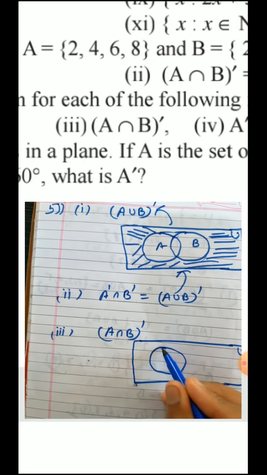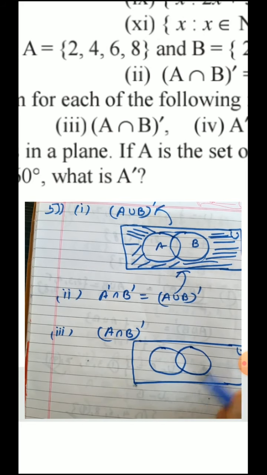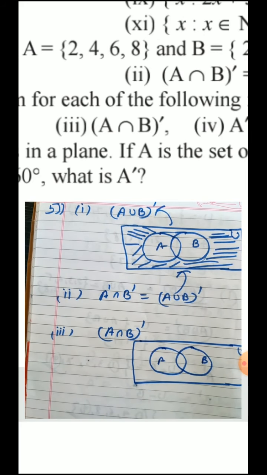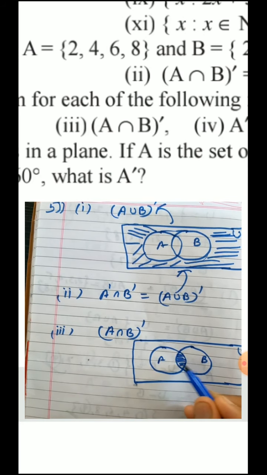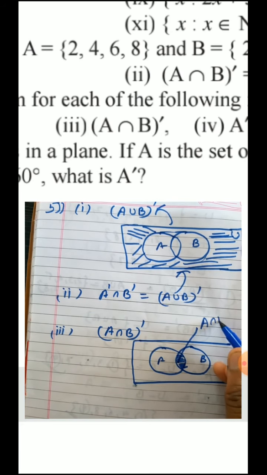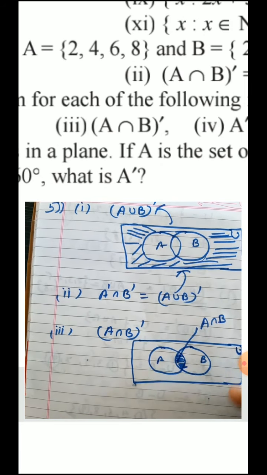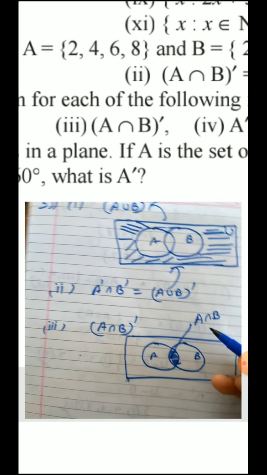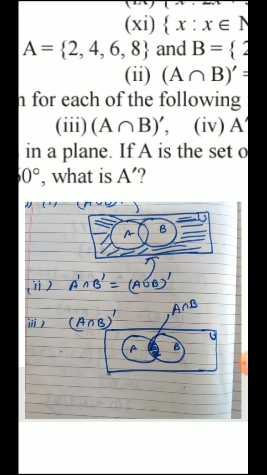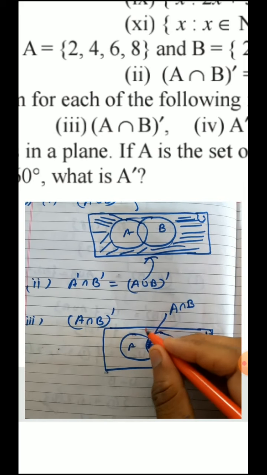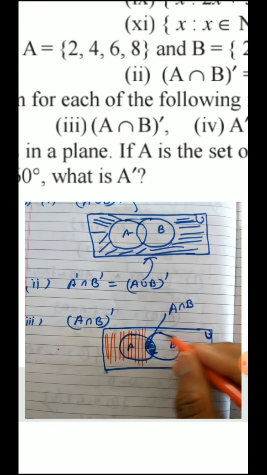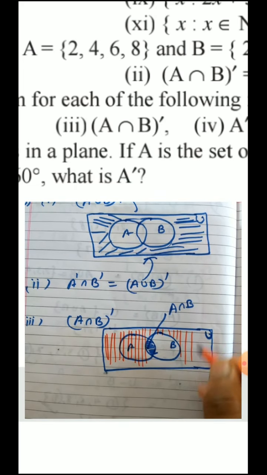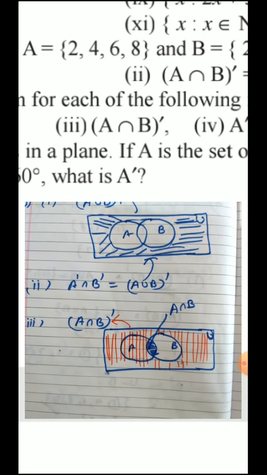This circle represents A, this circle represents B. The common area is called A intersection B. If I subtract this A intersection B from the universal set U, the rest of the region is called (A intersection B)'. This represents (A intersection B)'.